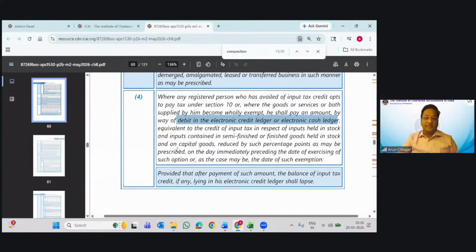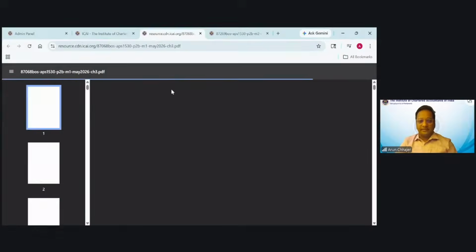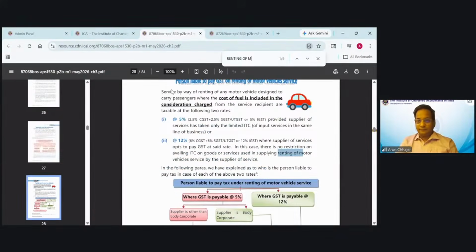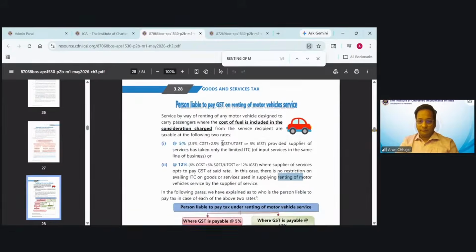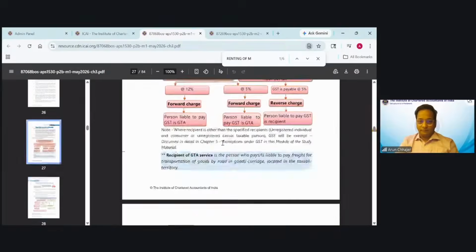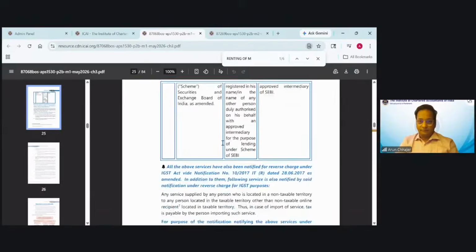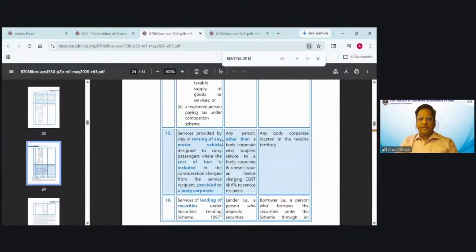Let me open that study material. चार्ज चीज एक बार बात कर लेता हूँ, 2 मिनट लगेगा. That's 15 number.